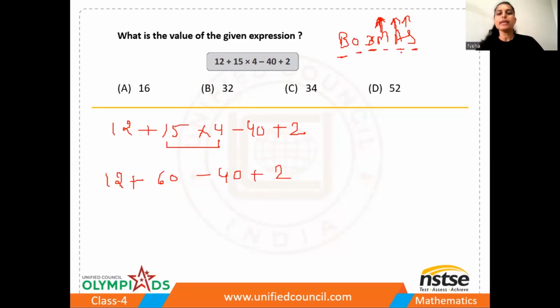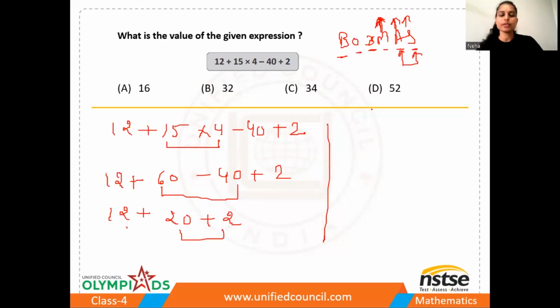In addition and subtraction, you can solve either one first. 60 minus 40 is 20. Now we add: 20 plus 2 is 22, and 12 plus 22 is 34. That means option C is your right answer.